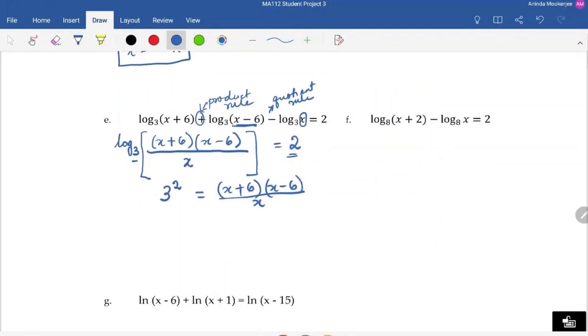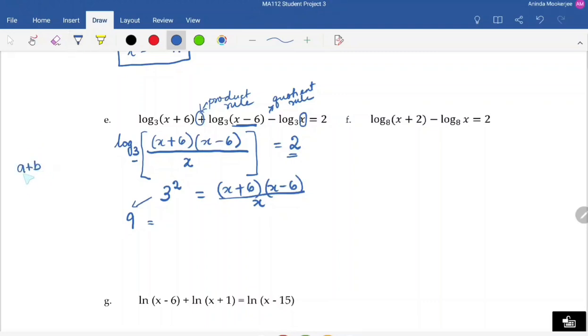All right. So now let's try to simplify this. 3 squared is a 9. Now x plus 6 times x minus 6, we can rewrite this as a difference of squares, right? When we apply the difference of squares formula, we just write that on the side in case you need to review it.